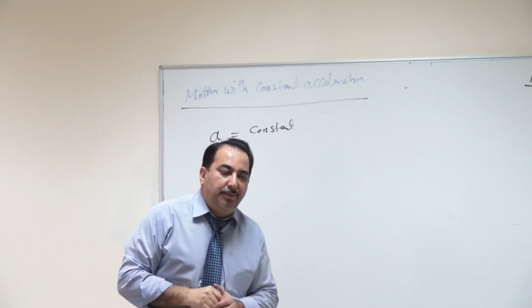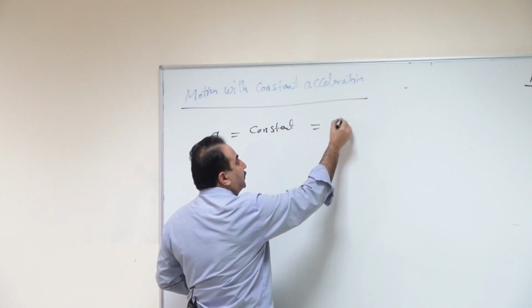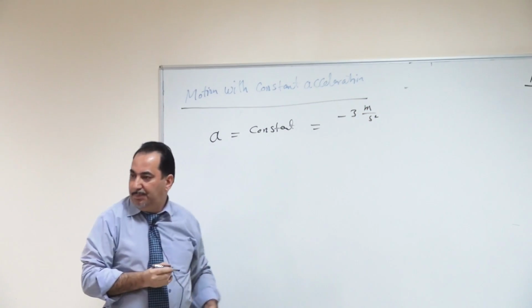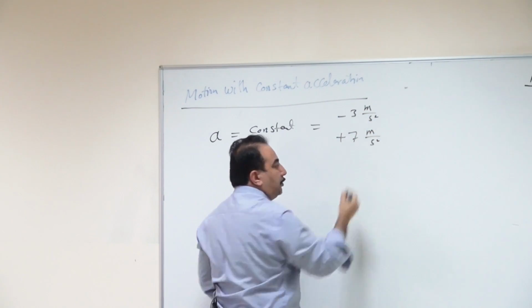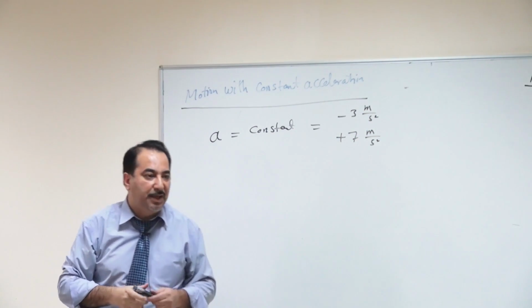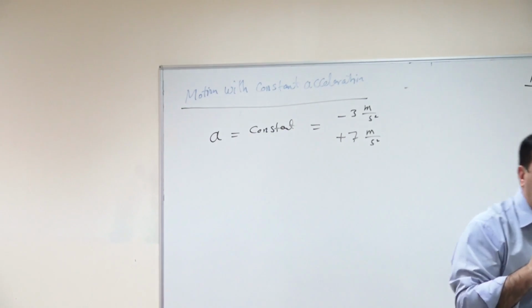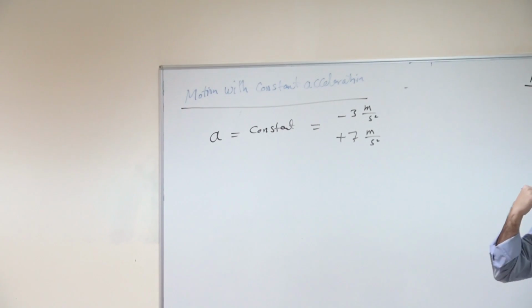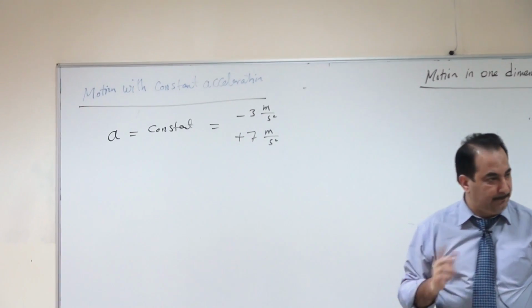A constant value, it means maybe it's minus 3 meters per second squared. This is the constant value. Or plus 7 meters per second squared. So this is the meaning of constant acceleration. Don't get it confused with constant velocity. The velocity here is not constant. The acceleration is constant.